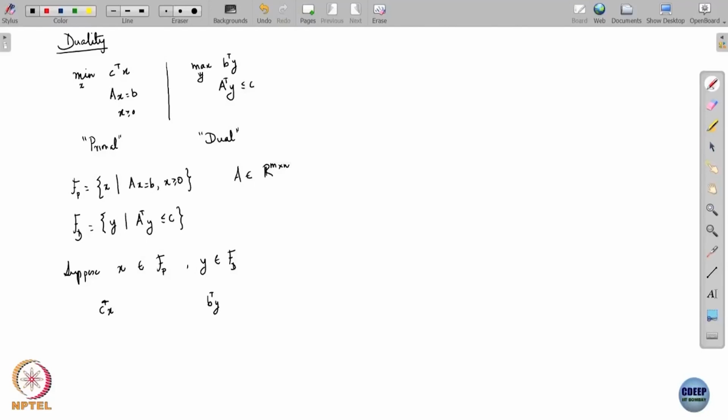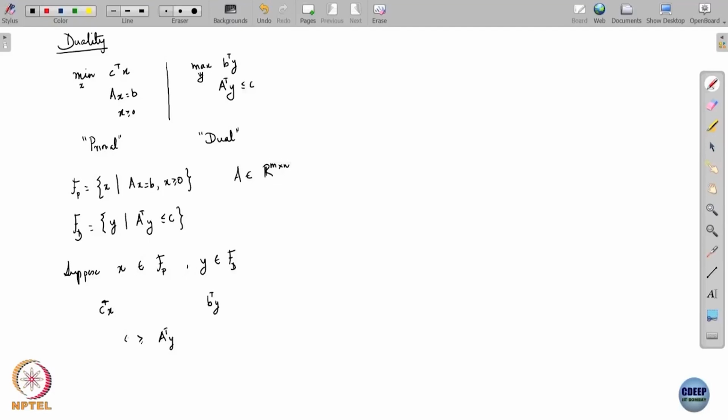Since y belongs to Fd, I know that c is greater than or equal to A transpose y for this particular y. So, I know that c is actually greater than or equal to A transpose y.